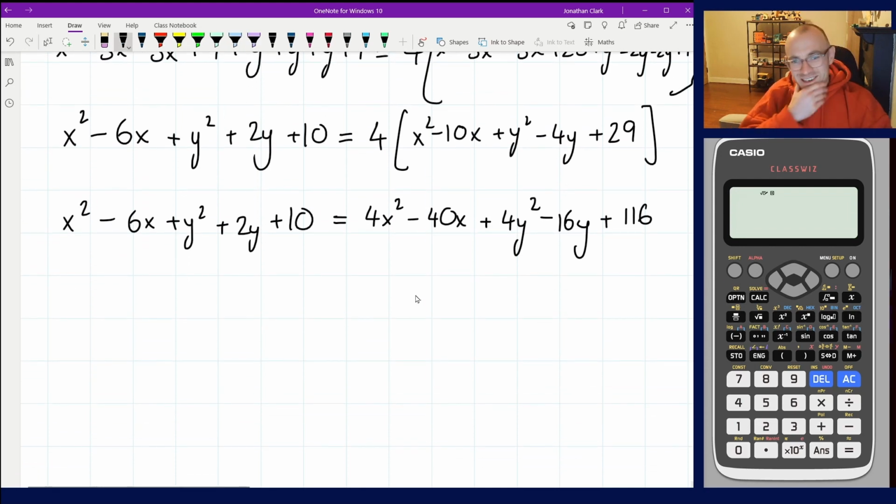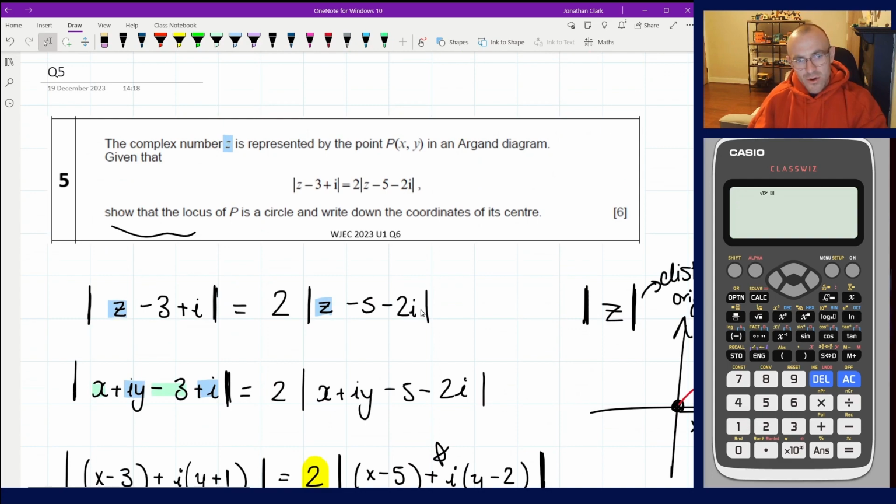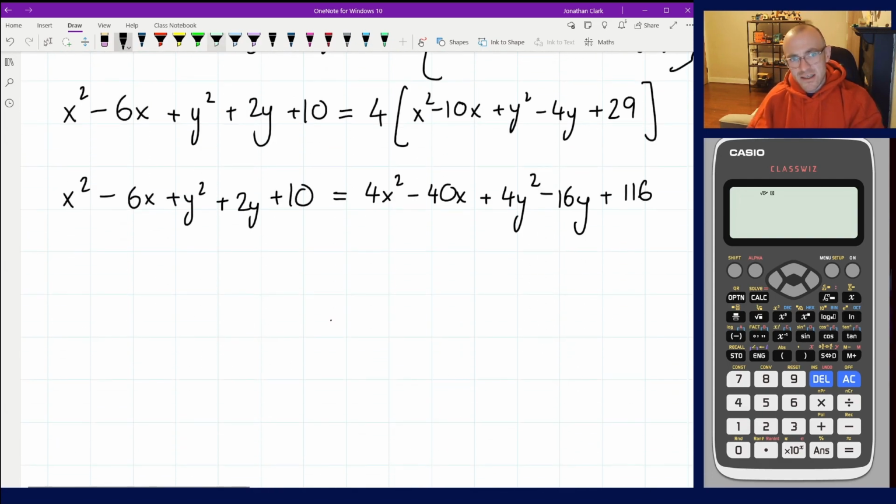All right, lots to write down here, isn't there? I guess I know that eventually in this question I'm supposed to get the equation of a circle or something to do with a circle. So what I'm thinking is I need to eventually get it to look something like that again.